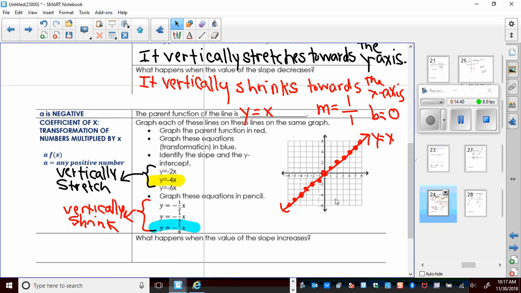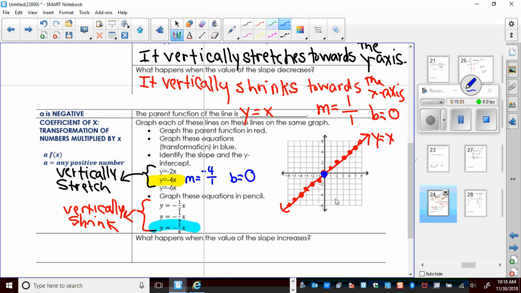So looking at y equals -4x, what is the slope of that line? -4. Negative means downward. m equals -4 divided by 1. What is your y-intercept? 0.